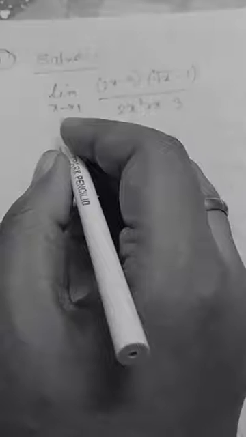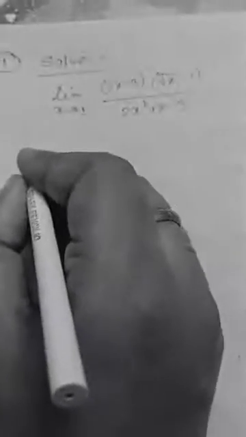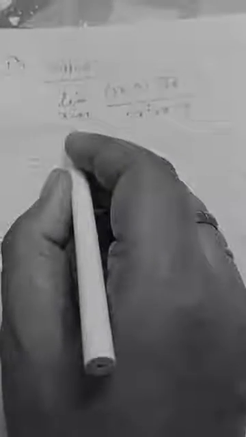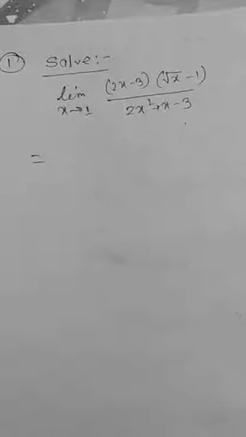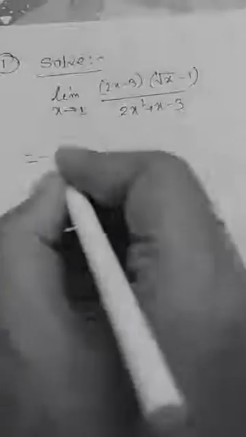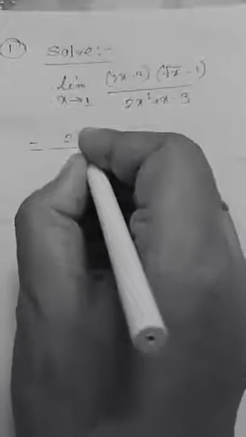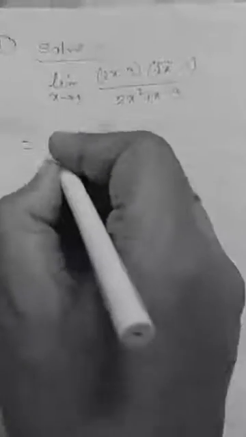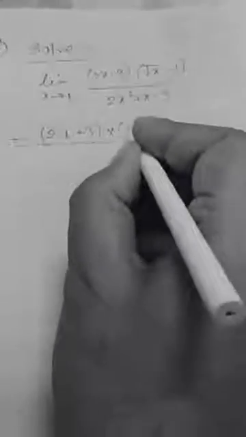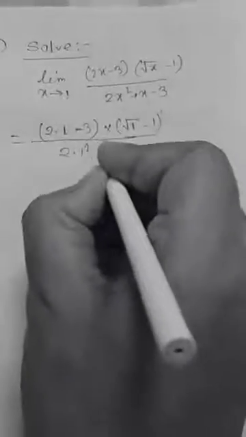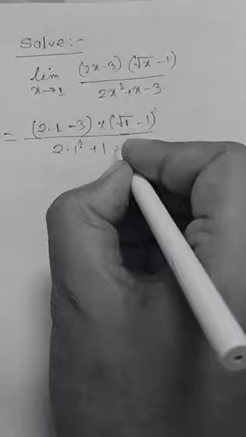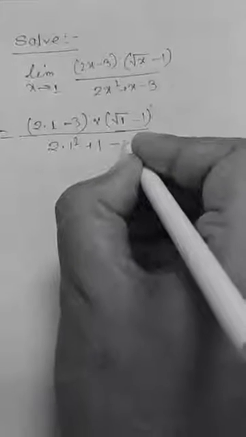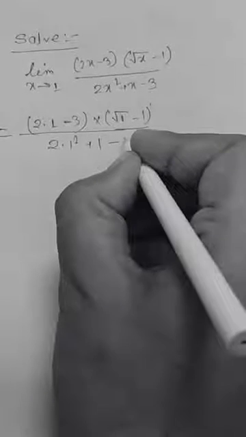Now for solving it, we just put the value of x is equal to 1 in here, to manage the time, for saving the time. 2 into 1 minus 3 into root 1 minus 1, 2 into 1 square plus 1.